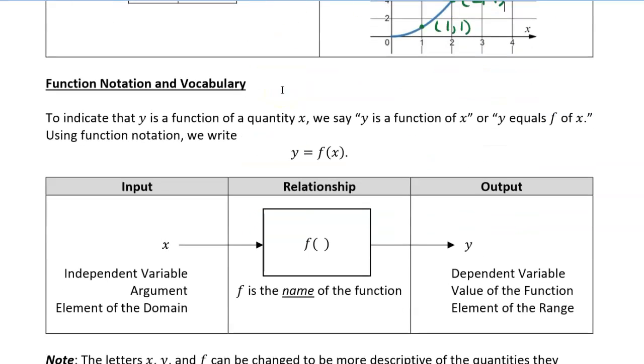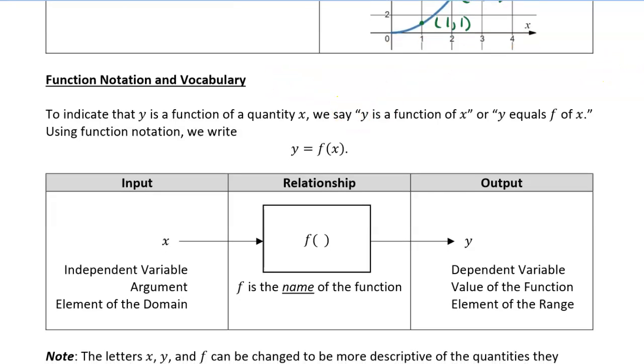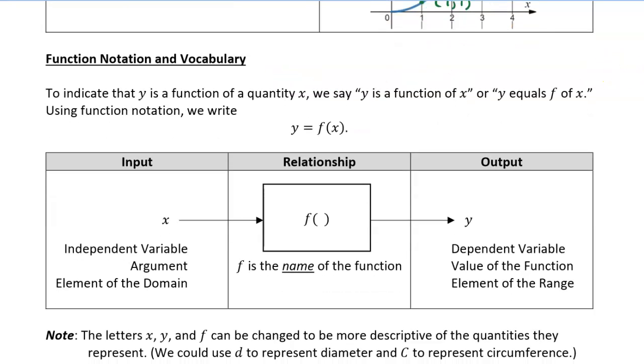All right, so let's talk a little bit about the notation and vocabulary for functions. If we have a relationship between two things, where there is one output for every input, then we can say that y is a function of x, or y equals f of x. And we write that mathematically like this: y equals f(x).